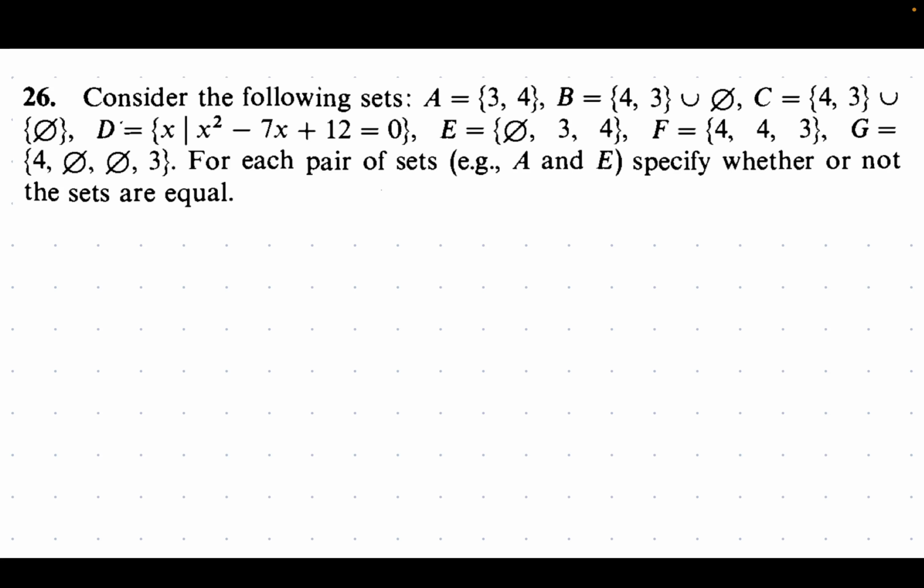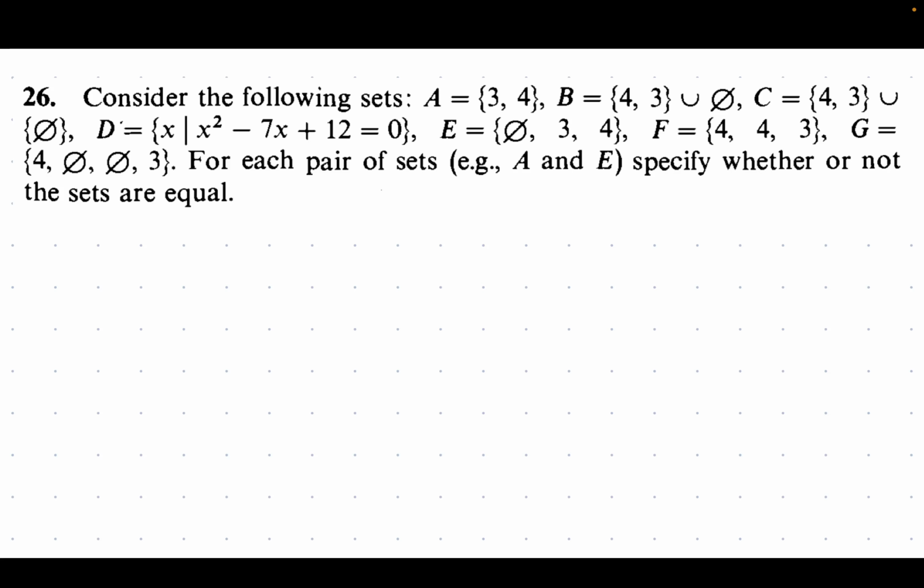So there's a couple ways you can do this. Now, we can painstakingly go ahead and check every single pair. I invite you to try that on your own if you have the time and motivation to do such a thing.